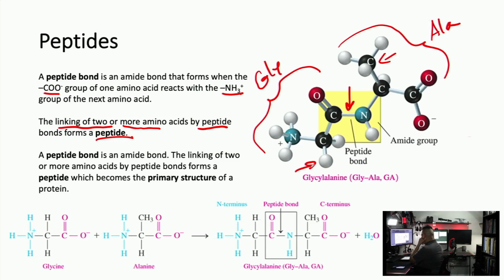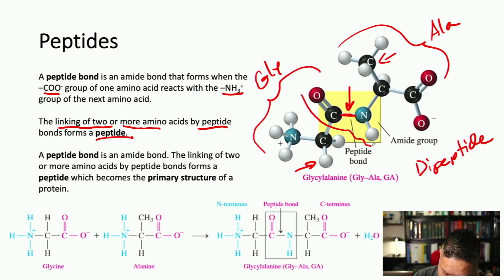And then they're bonded together, forming what we call a dipeptide, using an amide bond right there, or a peptide bond. And this entire group right here, of course, is an amide functional group.